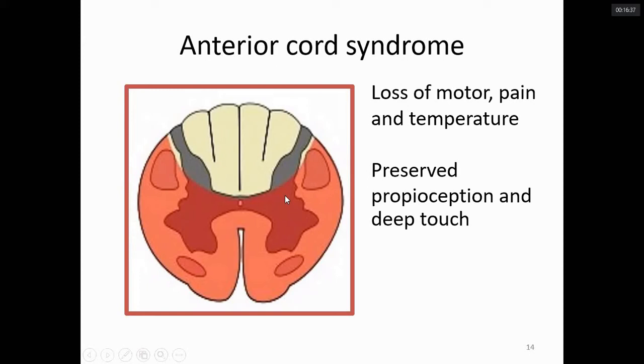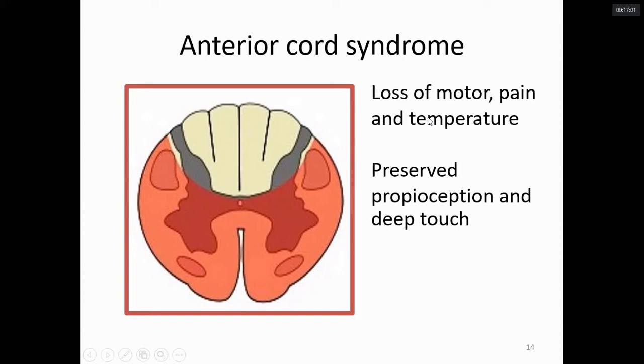If there is a lesion in the anterior spinal cord, what features could you see? If there is a lesion in the anterior part of the spinal cord, there is a loss of motor, pain and temperature, whereas proprioception and deep touch are preserved. Another is Brown-Sequard.